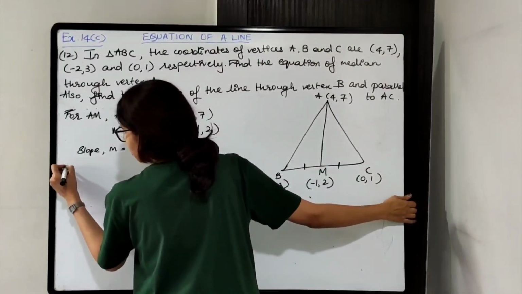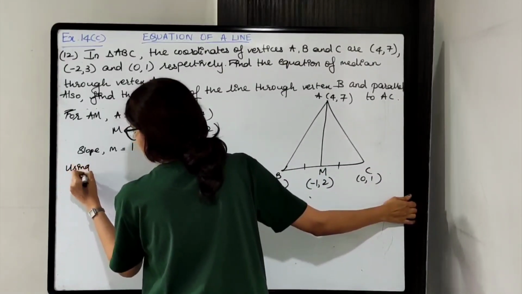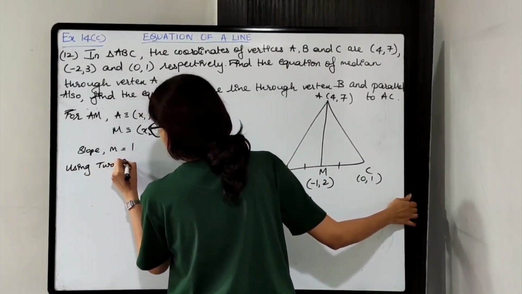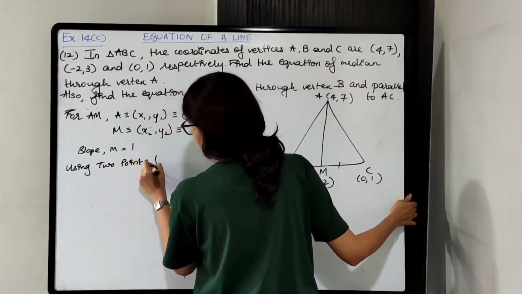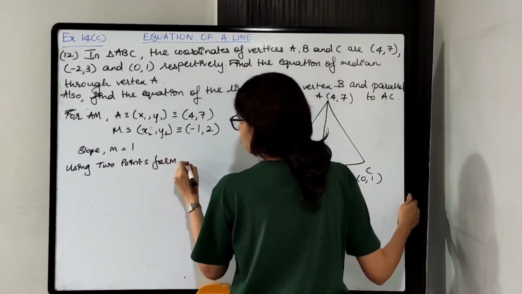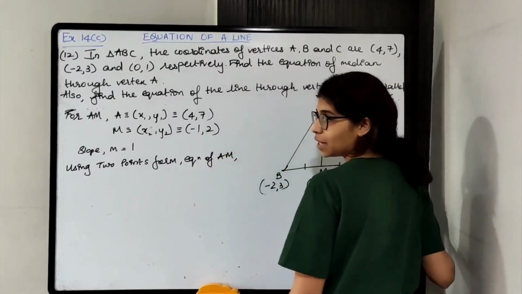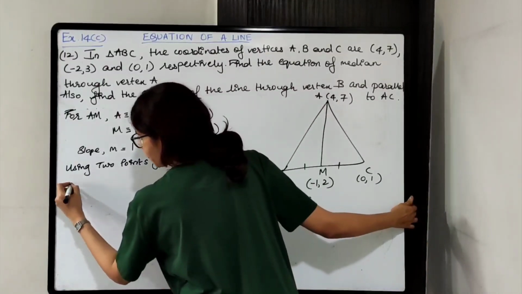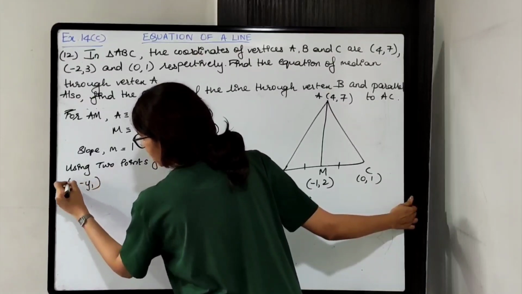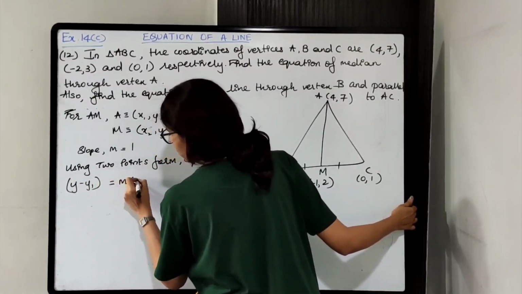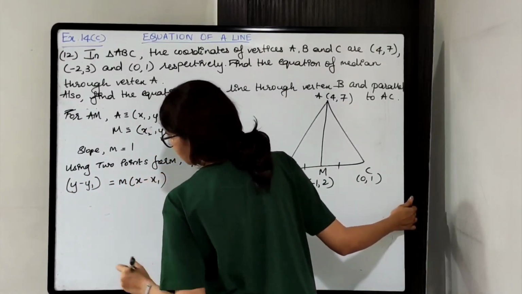So using 2 points form, equation of AM is y minus y1 equals to m into x minus x1.